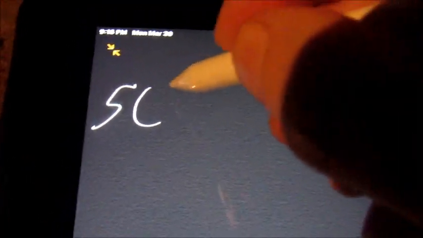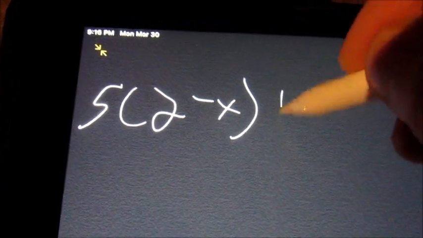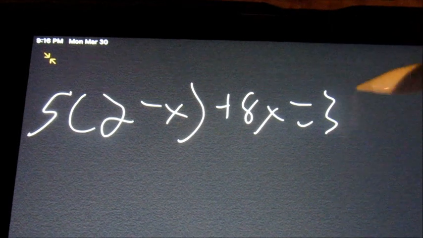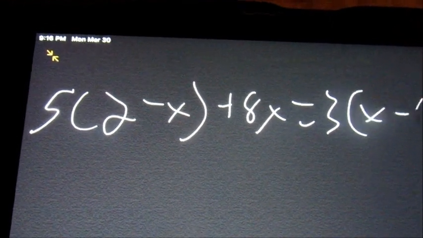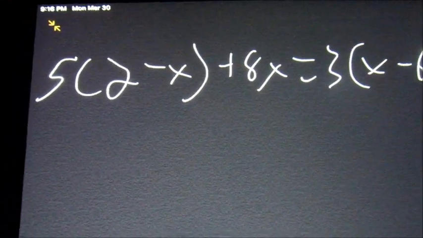Now there is this one. Say we have 5(2 minus x) plus 8x equals 3(x minus 6). Okay, so now we just need to distribute the 5.